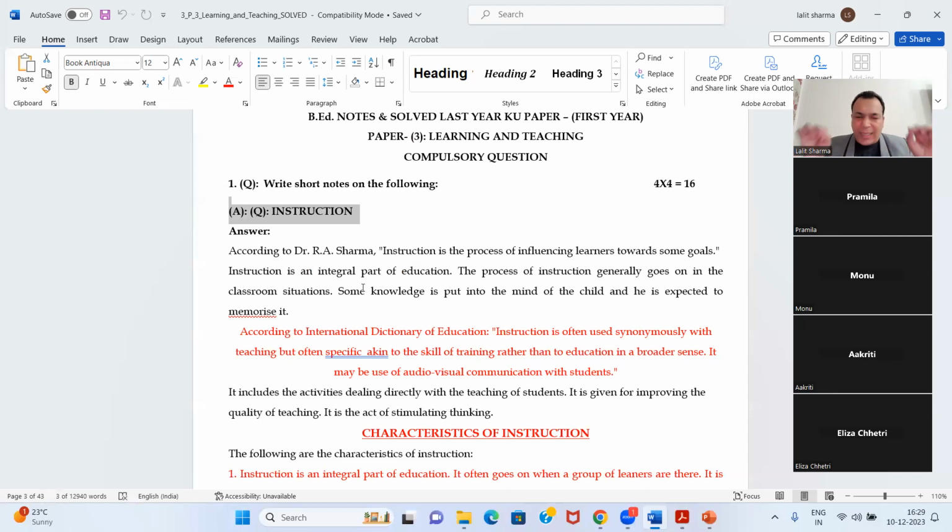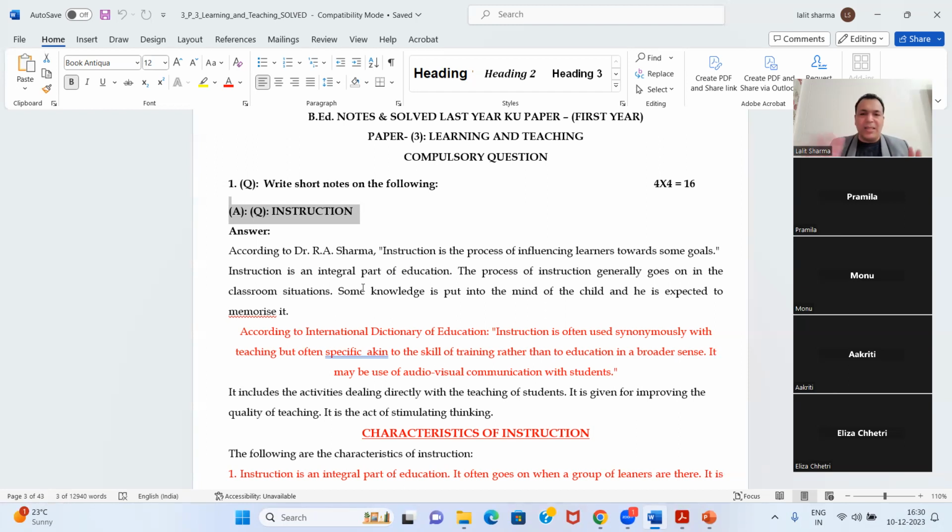Unless you get these concepts, you cannot teach effectively to the students. For example, if you don't know the difference between instruction and education, or between education and literacy, you cannot teach effectively, because a teacher is not a teacher if he or she is not a learner first. You should have the knowledge.